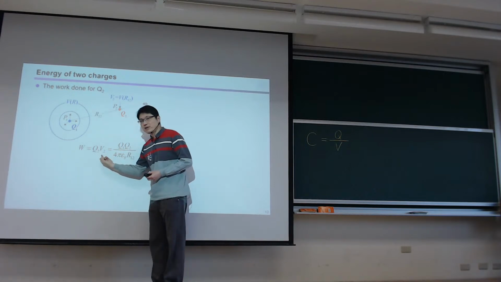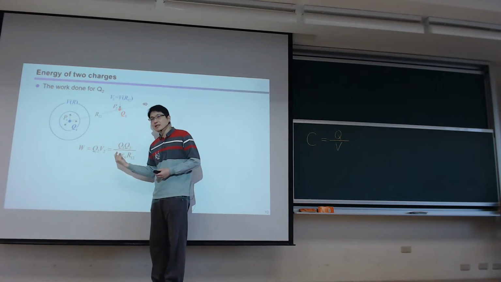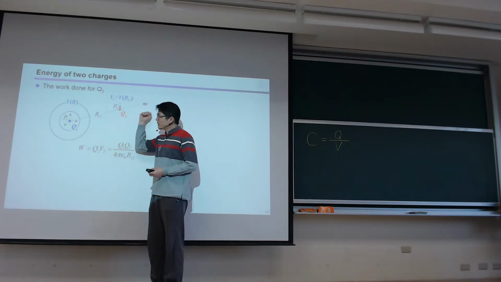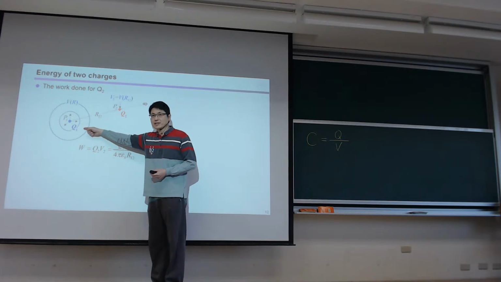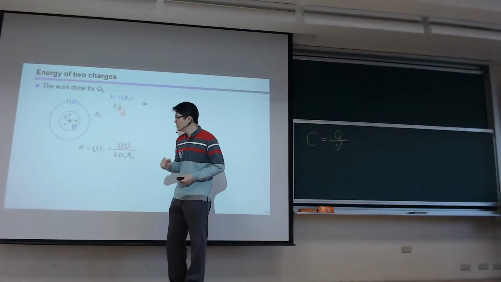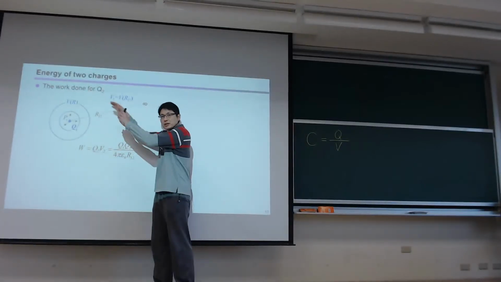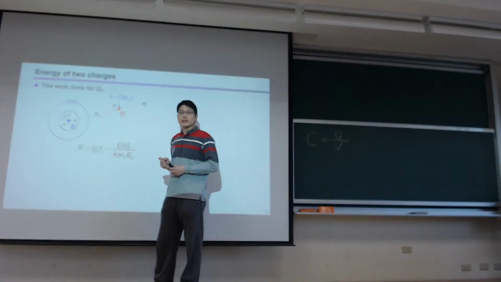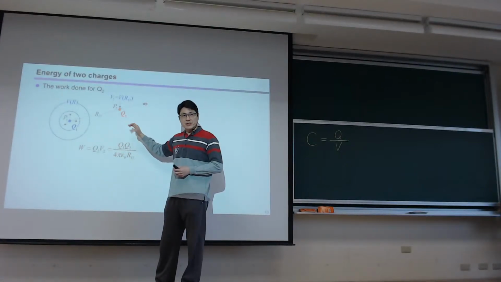So therefore, this V2 is actually the work that needs to be done to counteract the field lines generated by the first charge. Okay? So Q2V2 is the amount of energy being stored in this simple system.